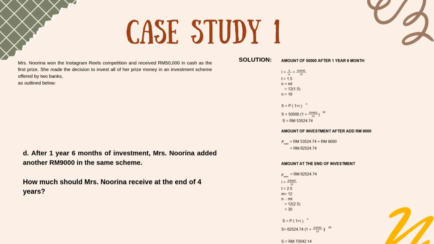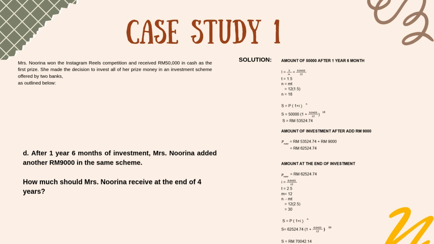Then we use the formula S equals P(1 plus i) to the power of n. Then S equals 50,000(1 plus 0.0455 divided by 12) to the power of 18. So we get S equals RM53,524.04.